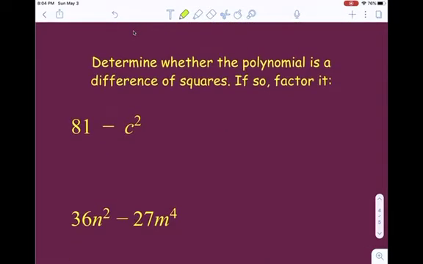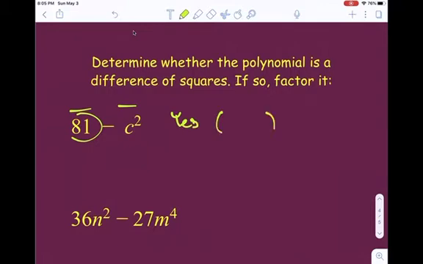So let's take a look at some of these. Determine whether the polynomial is a difference of squares. If so, factor it. Well, we've got 2 terms, so it meets that criteria. This is a square number, and then the number that's not listed here, which is 1, is a square number. So we've got our 2 square numbers, and then my variable is square. So yes, this is a difference of squares.